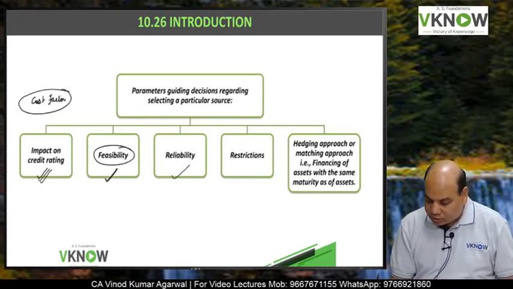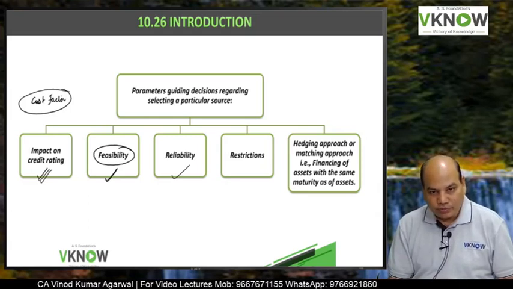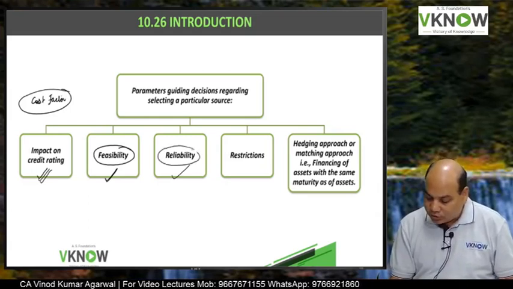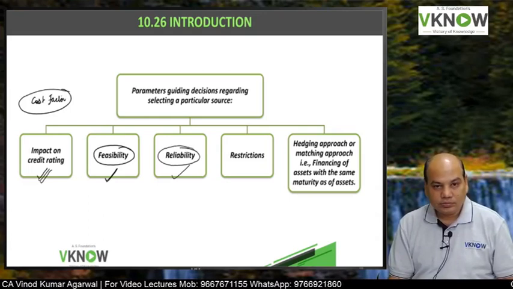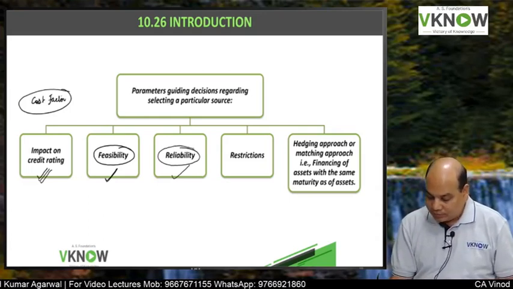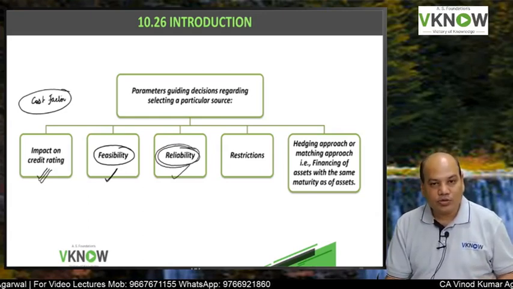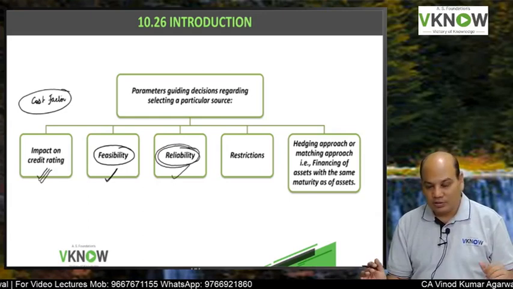Feasibility means, can this source be tapped by you? Is it possible to take the funds from this source? Then is that source reliable? Because if there is no reliability, the other party can ask for money anytime, you will be in a soup, you will be in difficulty.